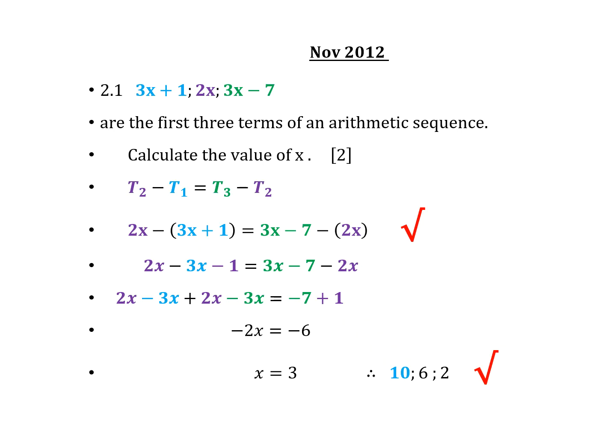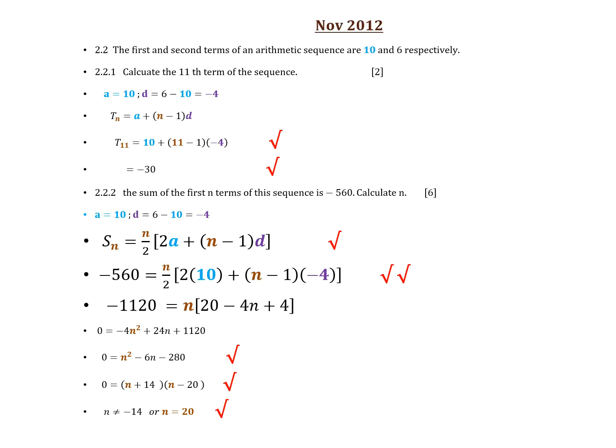Right, let's look at the next set of questions. November 2012: the first and second terms of an arithmetic sequence are 10 and 6 respectively. So in theory 10, 6 going forth. Calculate the 11th term of the sequence. So a is 10, and d is second term minus first term, 6 minus 10, which gives me negative 4.